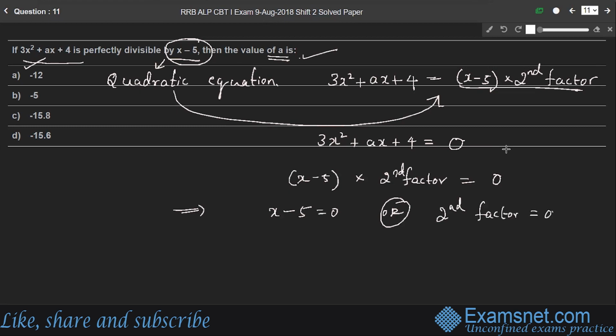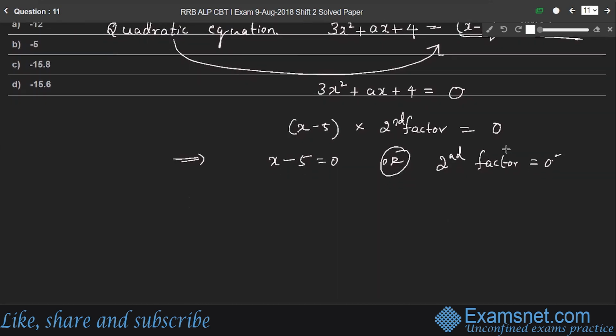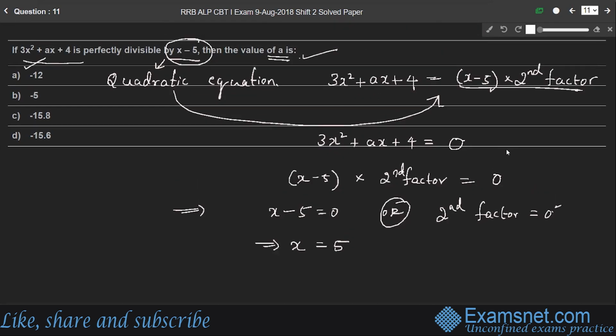So forget about the second factor. We just focus on x minus 5 is equal to 0, which implies x is equal to 5. So in the given quadratic equation, the value of x is equal to 5.